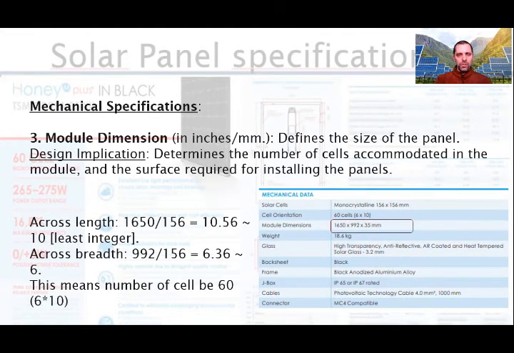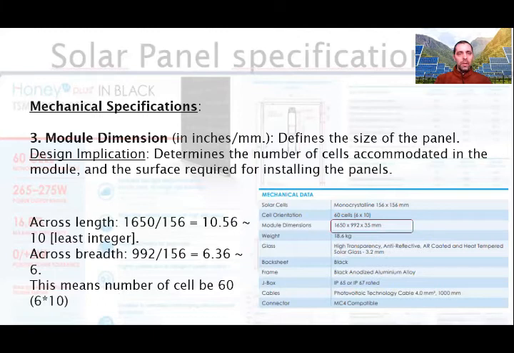Module dimension in inches or millimeters defines the size of the panel. It determines the number of cells accommodated in the module. As you see here, the dimensions of this panel are 1620 times 992 times 35 millimeters. When we count with the 156 times 156 millimeters cell dimensions, we can calculate the cell numbers and orientation.